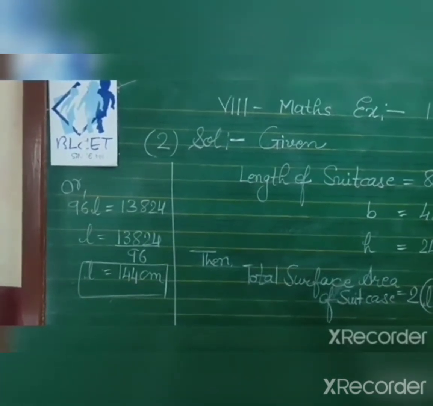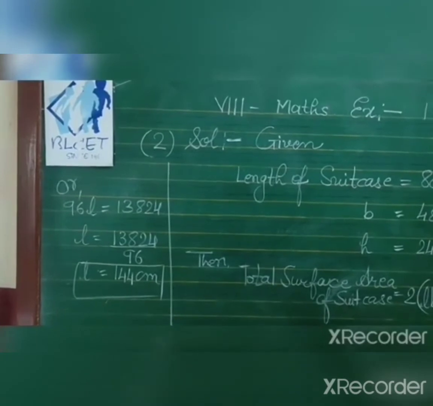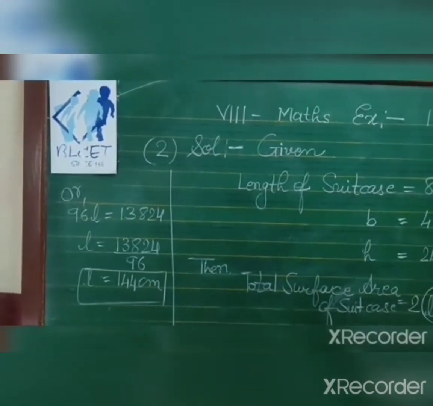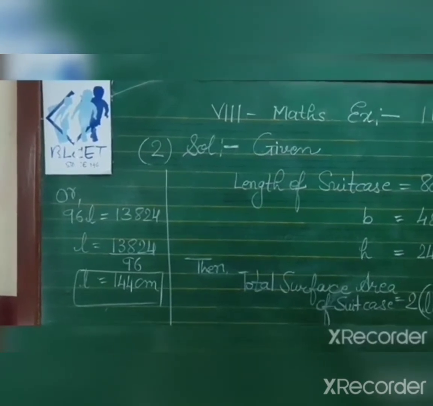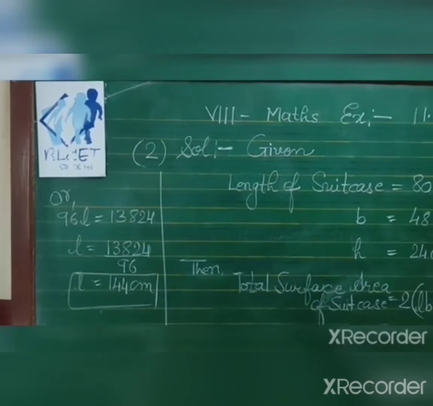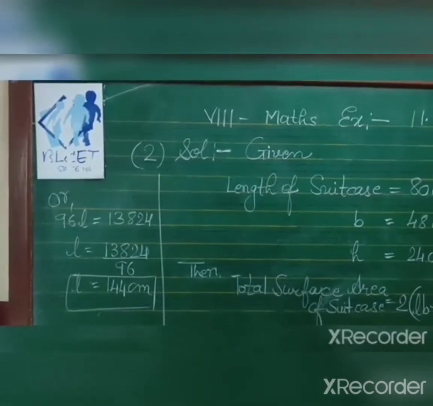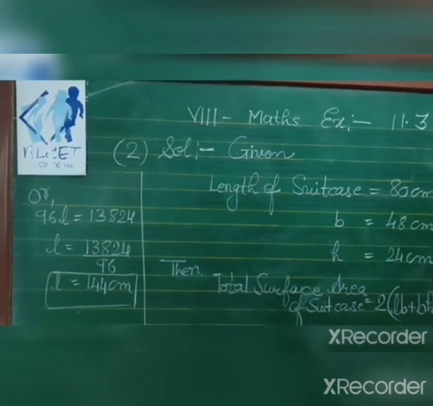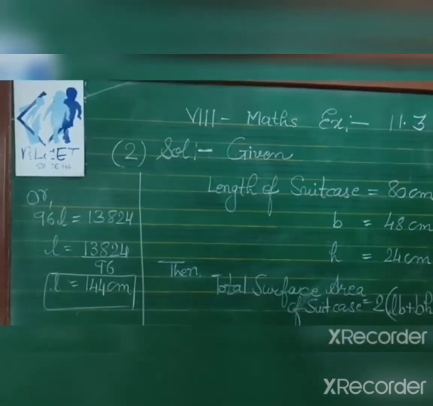Then you will change into meter. 100 centimeter is equal to 1 meter. Then 14,400 centimeter divided by 100 centimeter. So 144 meter of cloth we need to cover 100 such suitcases.